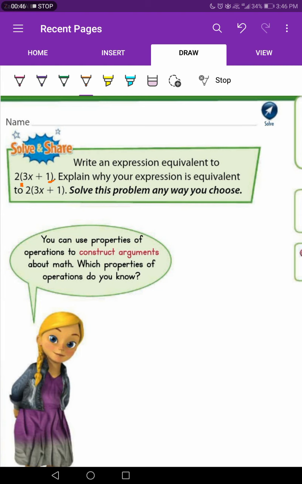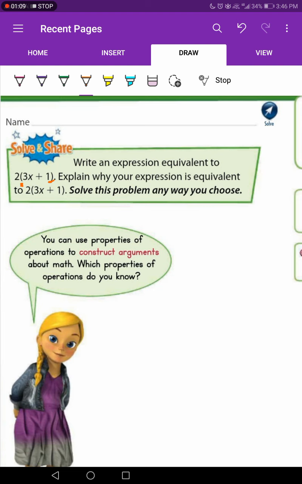Why? Explain why your expression is equivalent to 2 multiply the quantity 3x plus 1. Solve this problem any way you choose.